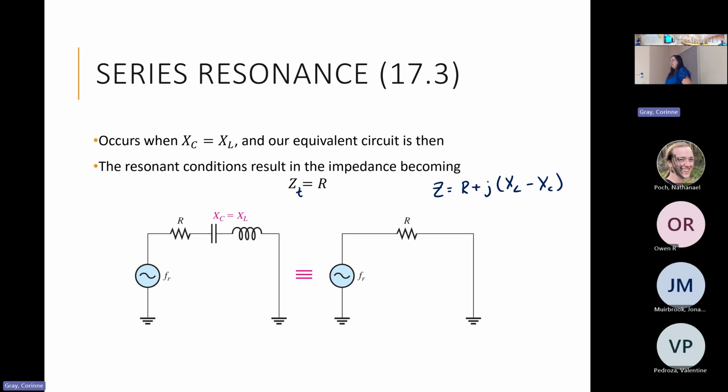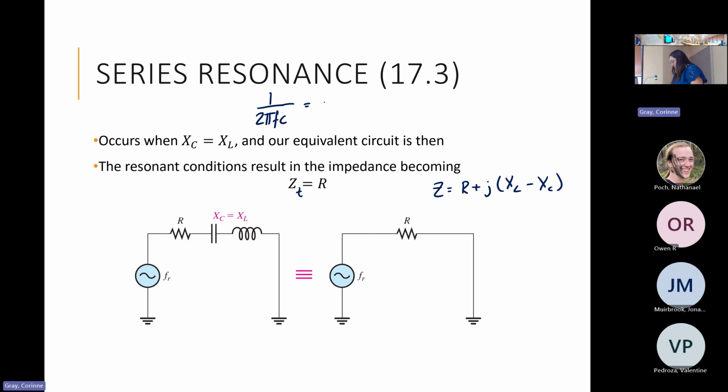How would we find what this frequency value is? What would I need to go through and do? What's the equation for XC? It's 1 over 2 pi frequency times capacitance.